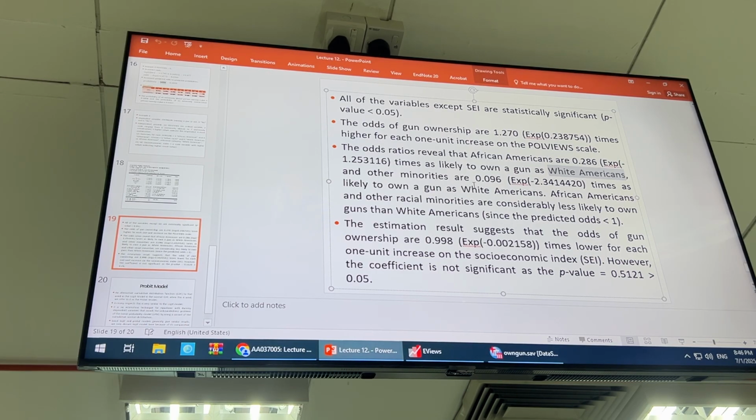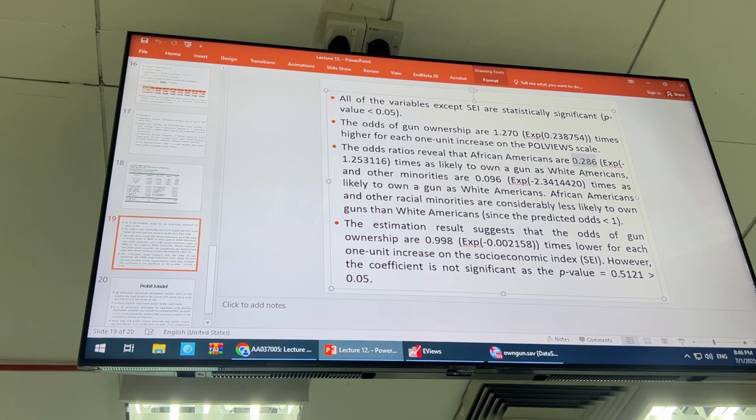And other minorities are 0.069 times as likely, given by the exponent of this, to own a gun as compared to white. So for African Americans, 0.286 compared to white, meaning that it is less likely. The odds ratio is less than 1, so it is less likely for African Americans to own a gun compared to white.